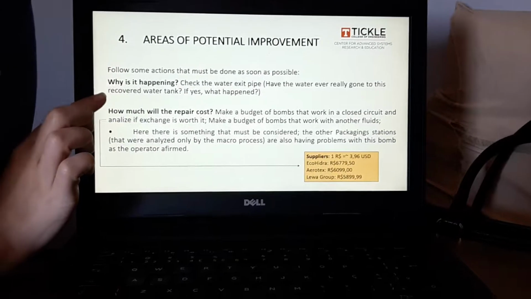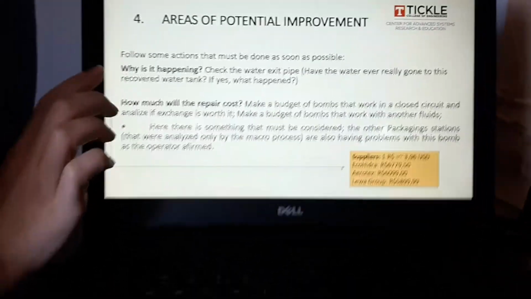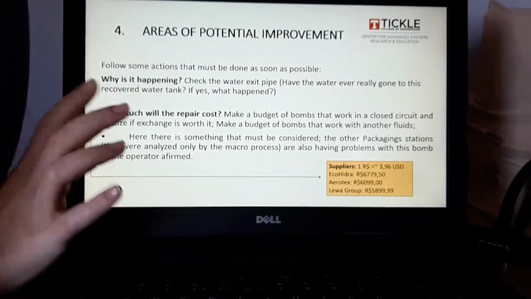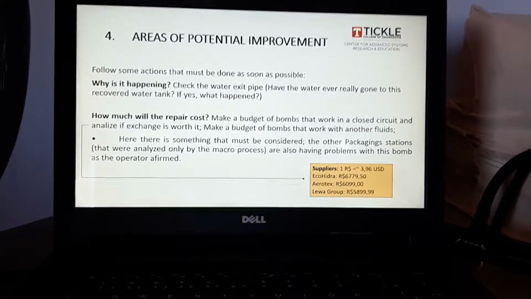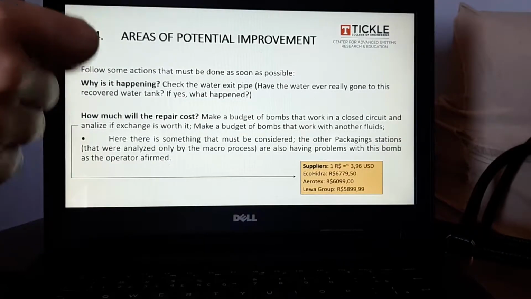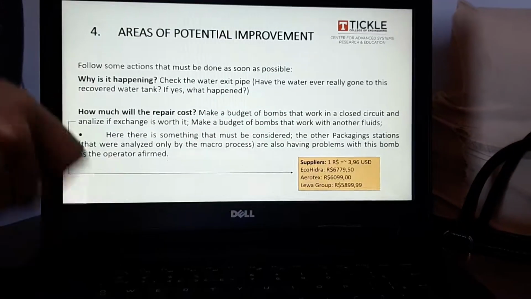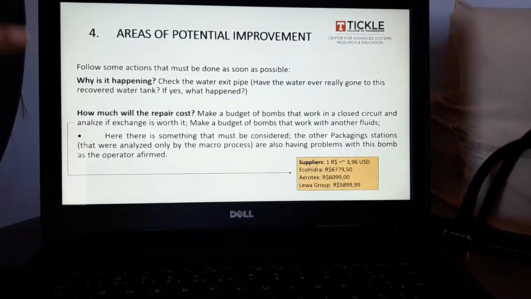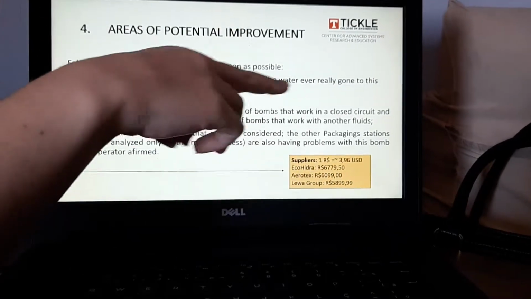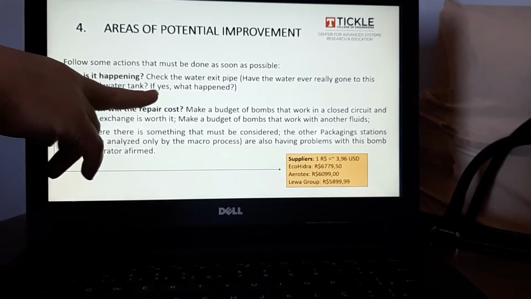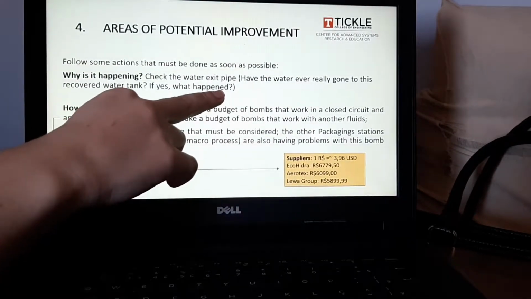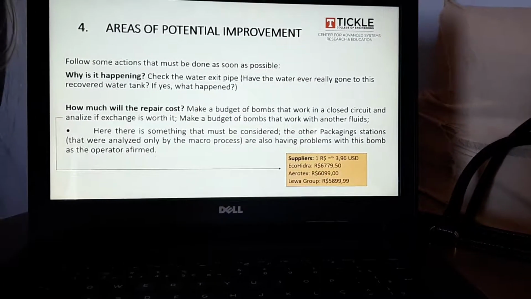So why is it happening? We need to check the water exit pipe. What is happening, okay? We need to make a report, write, and we need to really check this. Has the water really gone to the recovered water tank? If yes, what's happening? Why is it not going anymore?